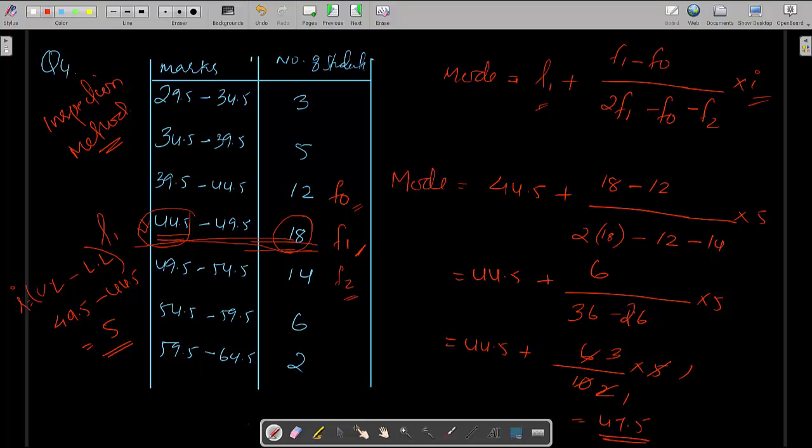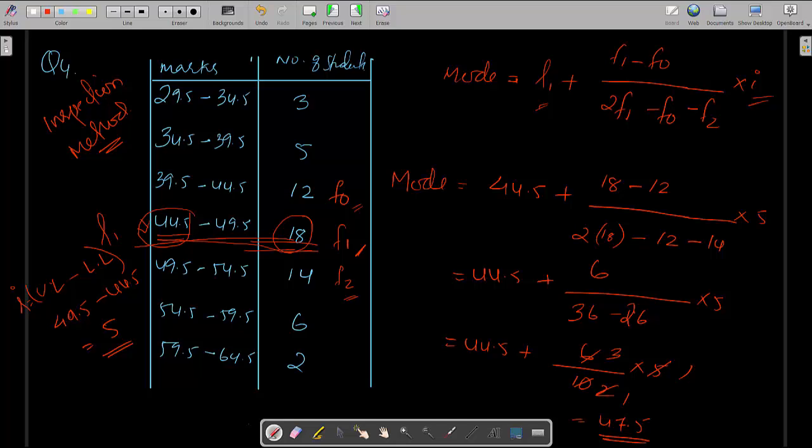Clear? So once you get all the values, that is L1 and i, and also figure out which one is F1, F0 and F2, you can put that in the formula and you will get the answer. So that way we got the answer 47.5. Clear? This is what we do in the inspection method.